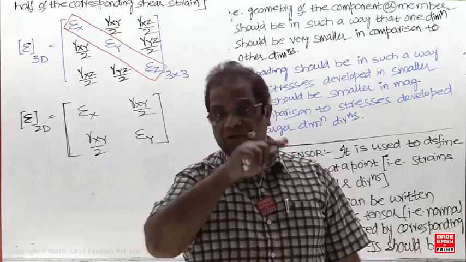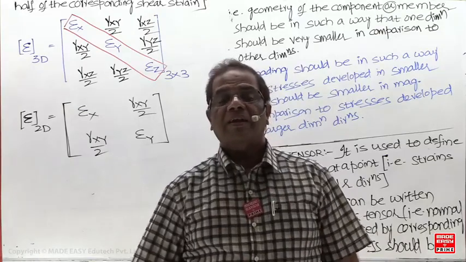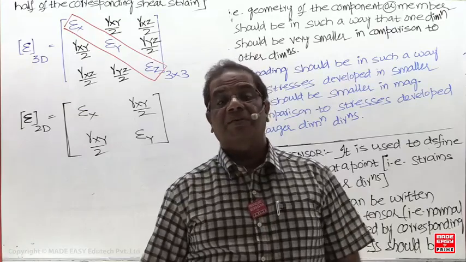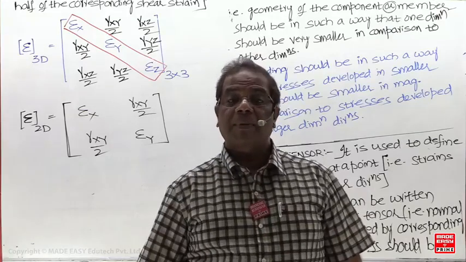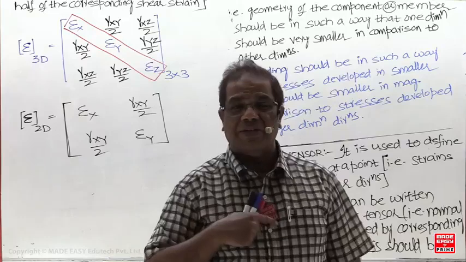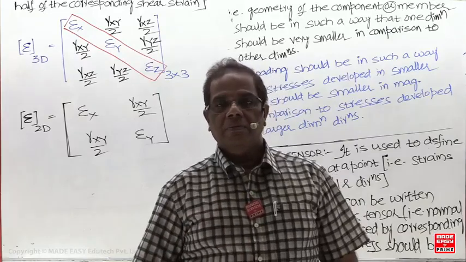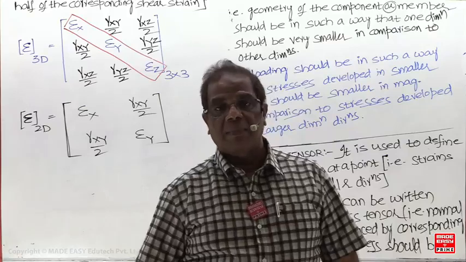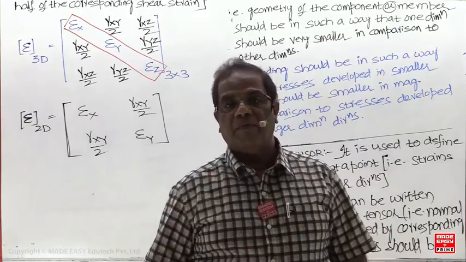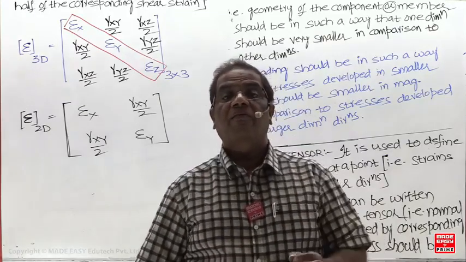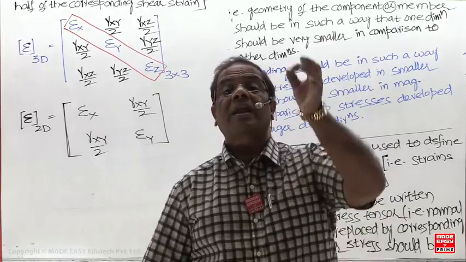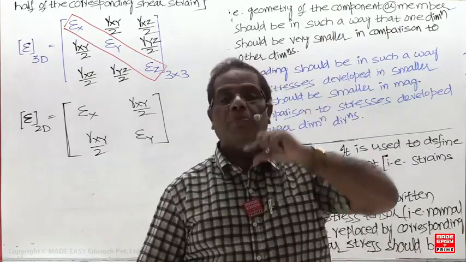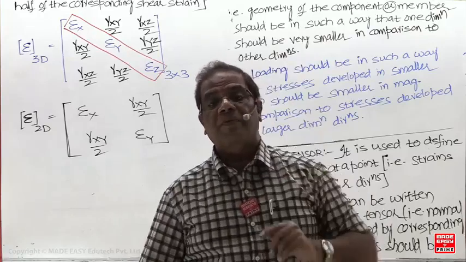One dimension should be very small when compared to the other two dimensions, and loading should be in such a way that stresses developed in the smaller dimension direction should be very small in comparison to stresses developed in the larger dimension direction. But in a plane strain problem, what happens now? One dimension should be very large. For a plane stress problem, one dimension should be very small, and the other two dimensions should be very large.